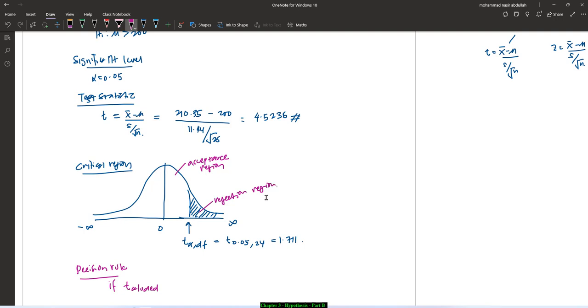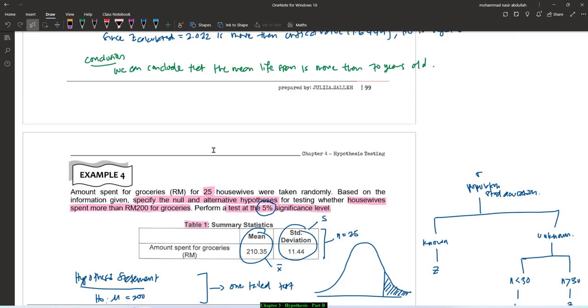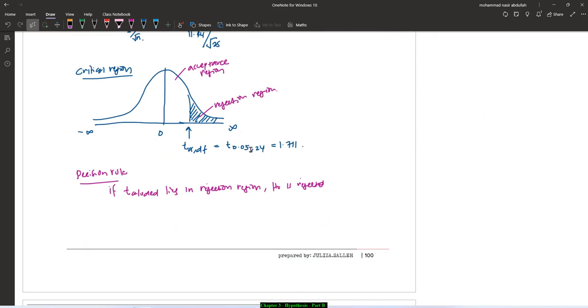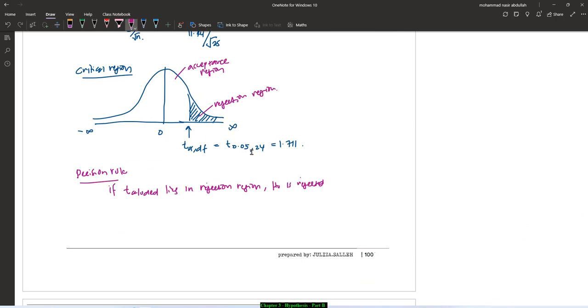If T calculated lies in the rejection region, the null hypothesis is rejected. Same as above. If we look here, T calculated is more than 1.44, meaning it lies under the rejection region. Right? So if the value falls under the rejection region, the null hypothesis is rejected. This is our decision rule.